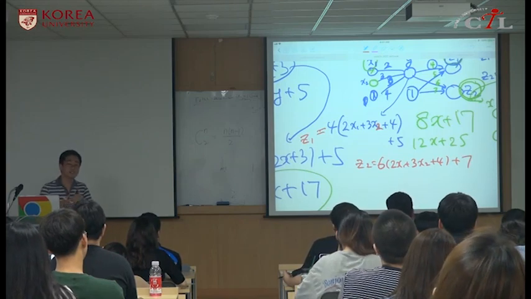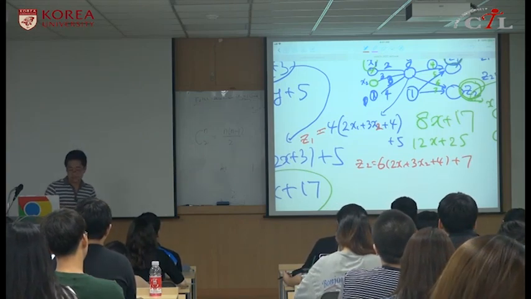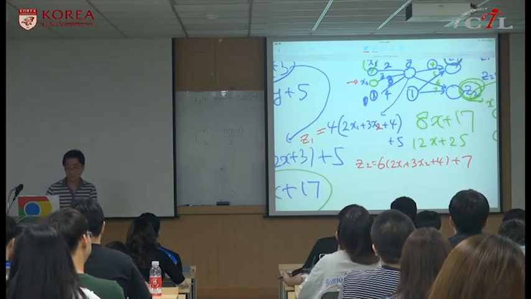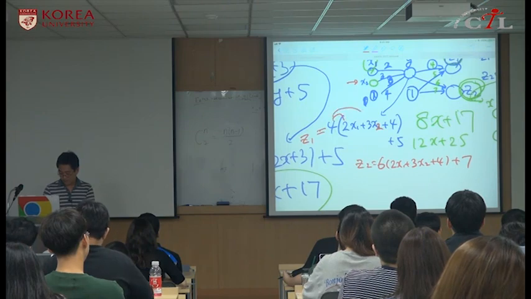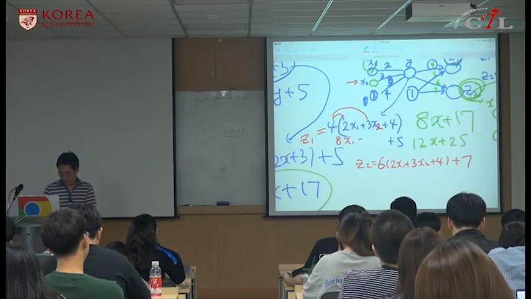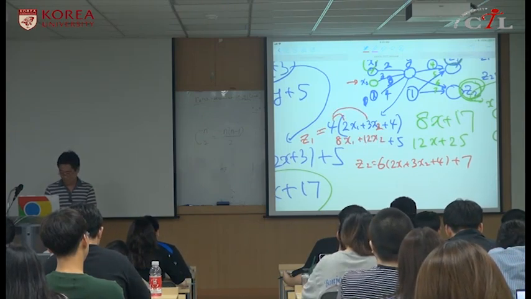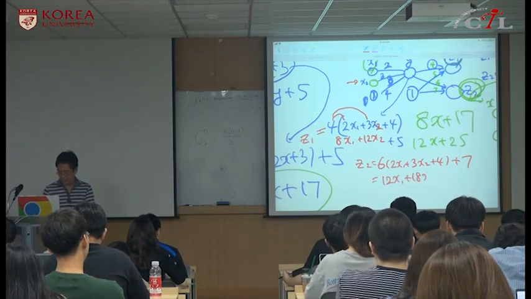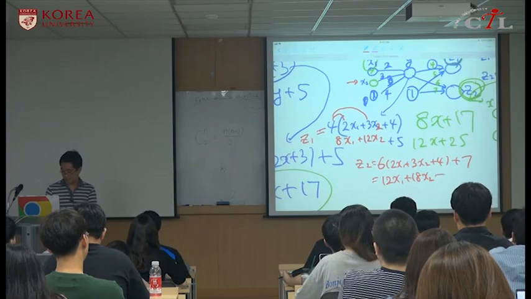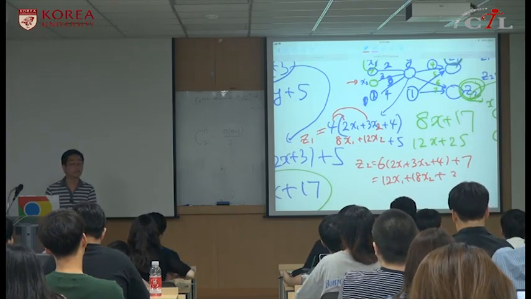So it's just a slightly more complicated case where I added another input node, right? So in this case, it's 8x1 and 12x2, right? So in this case, 12x1 and 18x2, right? And some value, right?